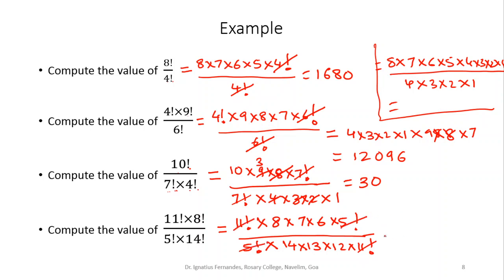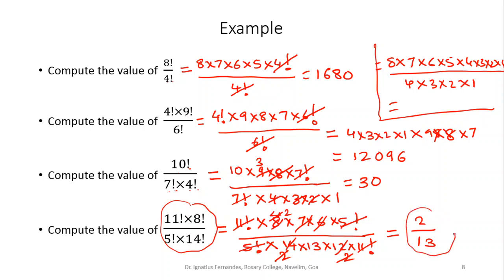Then we can carry out the remaining cancellations. 6 2s are 12, 2 4s are 8, 7 2s are 14, and 2 2s are 4, and so what remains is 2 upon 30. So the value of this expression in terms of factorial is equal to 12 upon 30. So this is how this reduction formula is going to help you in finding the values of any expression that involves factorial like this.